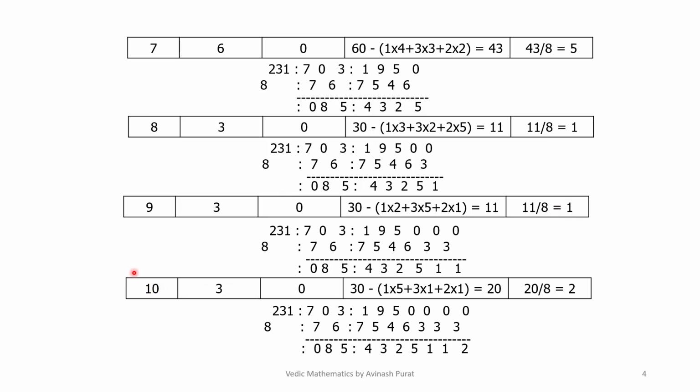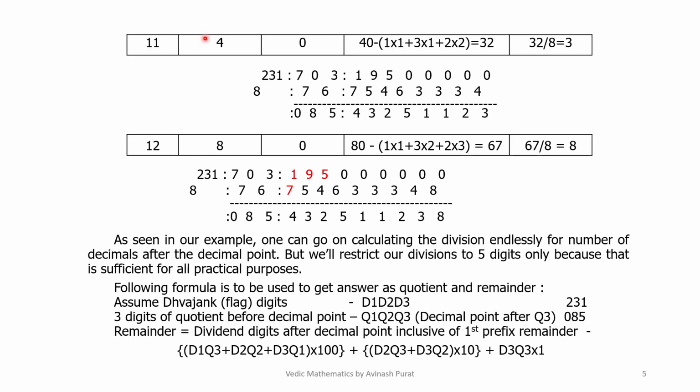Now 10th step, 3 is remainder and 0 is dividend. So 30 minus 1 into 5 plus 3 into 1 plus 2 into 1 equal to 20. So 20 divided by 8 equal to 2 is the quotient, and of course 4 is the remainder.